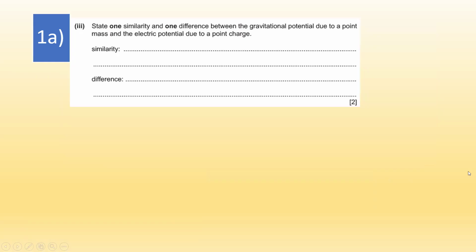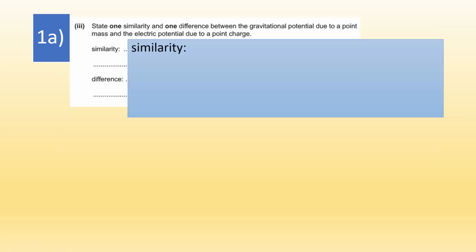State one similarity and one difference between gravitational potential due to a point mass and electric potential due to a point charge. Similarity: both are inversely proportional to the distance from the point, either point mass or point charge.